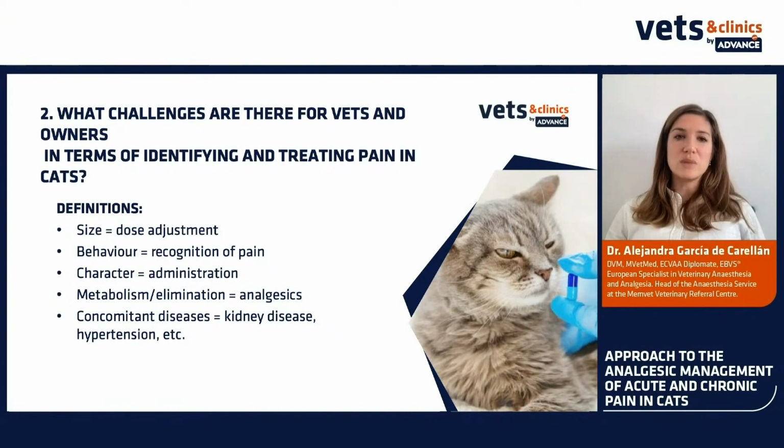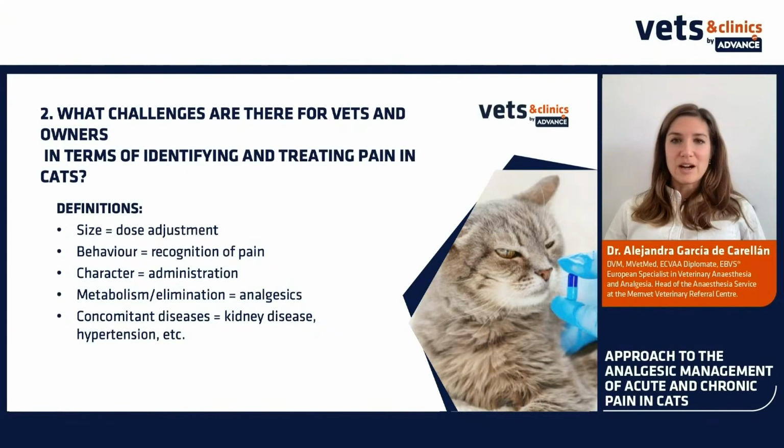And the dose adjustment could be a problem if the drug is designed for people, for example. Also, because of their special behavior as felines, sometimes recognition of pain can be challenging, because they try to hide it from us. So this recognition of pain can be challenging, especially in chronic pain states.